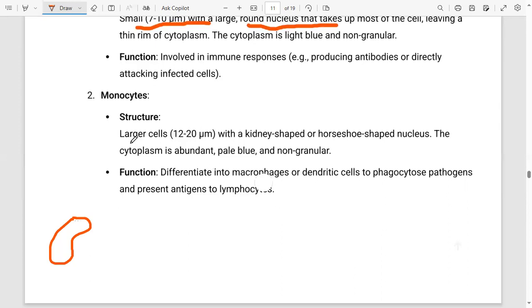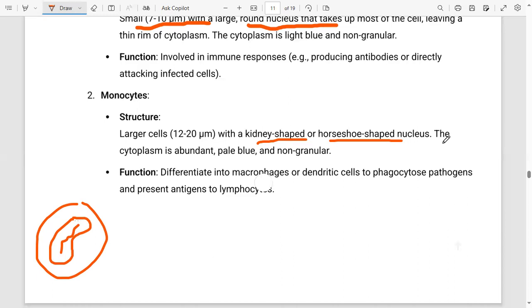They are basically larger, about 12 to 20 micrometers, with a kidney shape. This is very important: a kidney shape, which is also known as the horseshoe-shaped nucleus. You can have a monocyte here, but this nucleus will always be kidney shaped.